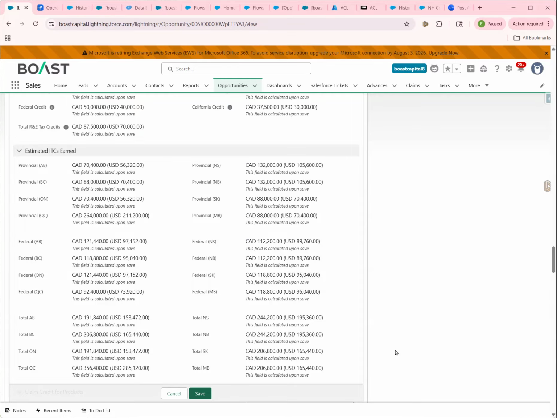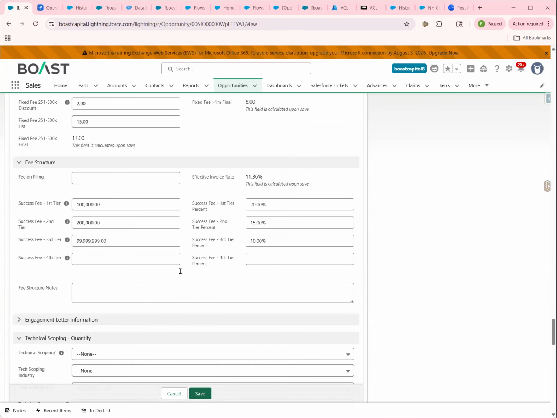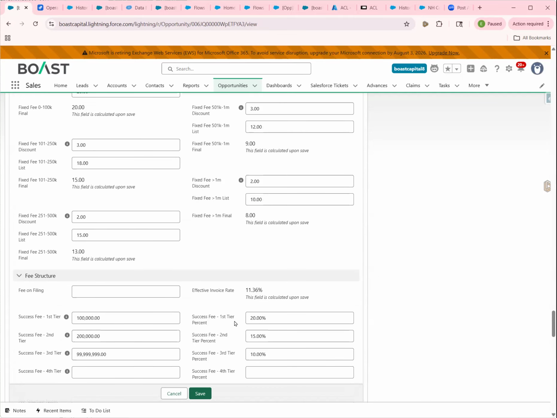What do you mean? What are you thinking? Right now you're storing your success fee ranges and then the tier, and I think those values are going to live on the rate tier object, right?